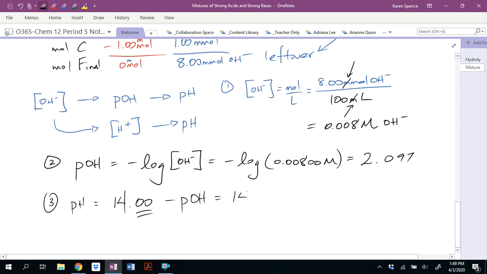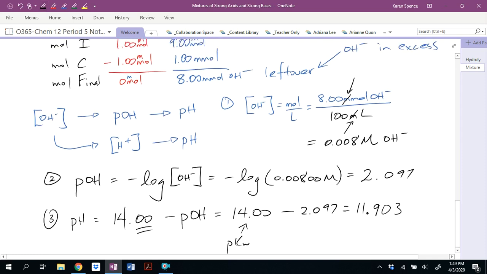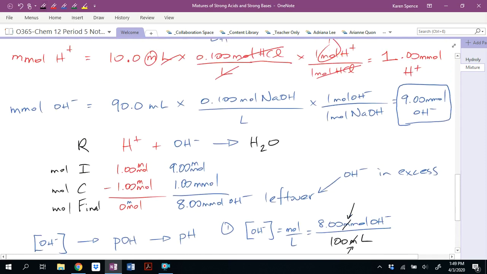Okay, so that's 14.00, which is your pKw, minus 2.097, which is 11.903.